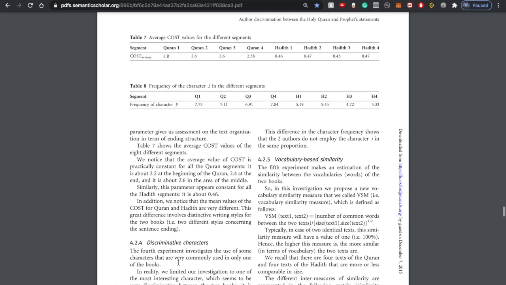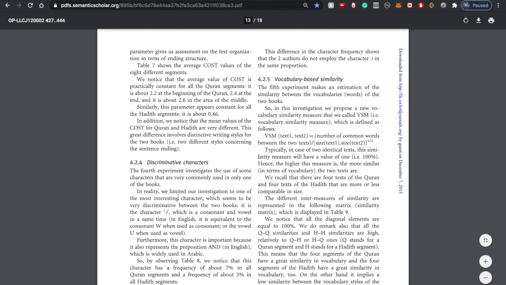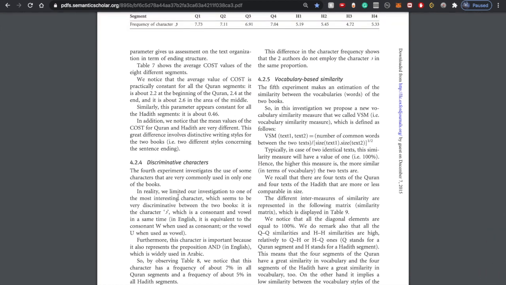Then they looked at the next test, which is the use of some characters that are very commonly used in only one of the books. In this case, it was "va", or the letter va. Anyway, the point is this is a letter in Arabic. It's also a word. It means "and" and it's used as a vowel and a consonant.